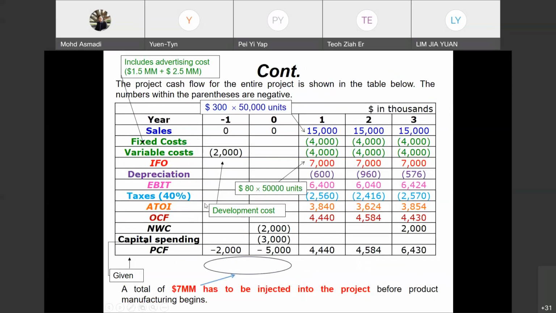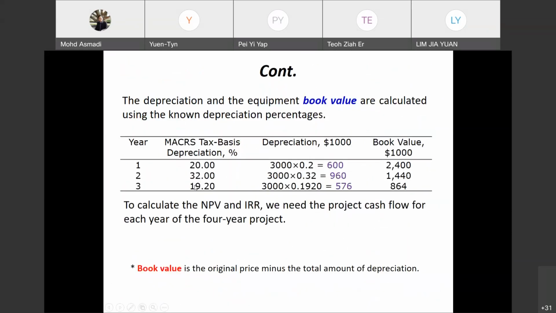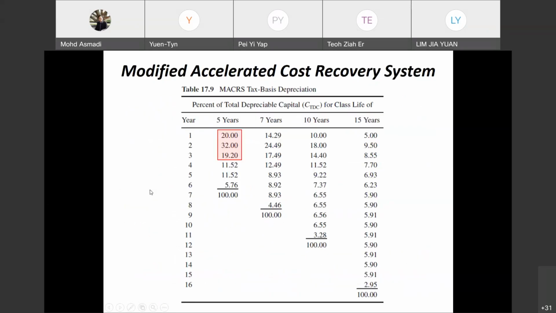So if you extend to 5 years, your book value also will be extended, from 3 to 5. So you use until this one for the calculation. You have to include 11.52 for both year 4 and year 5.